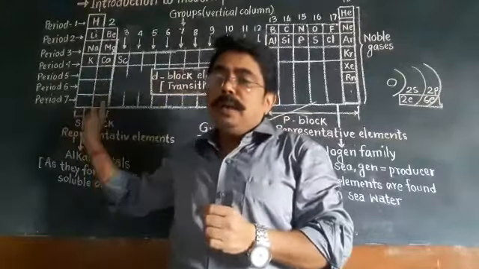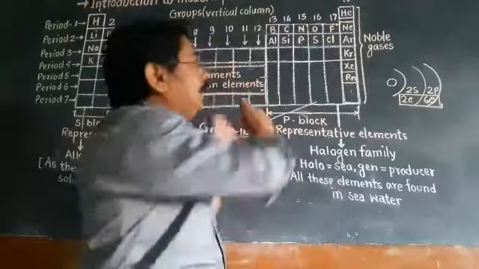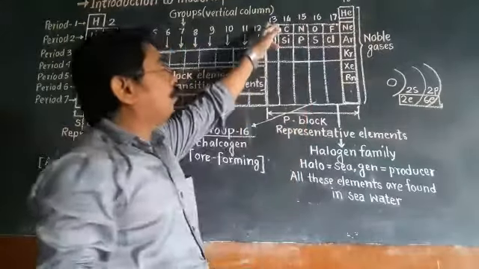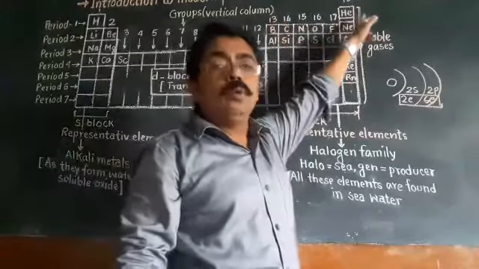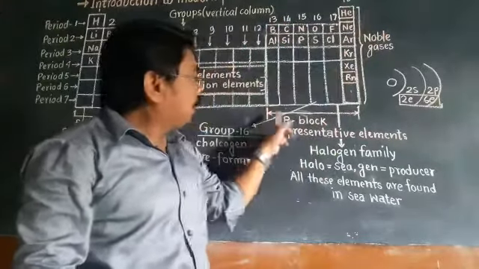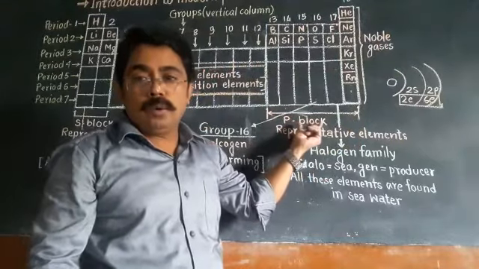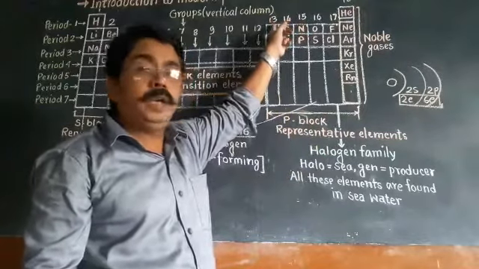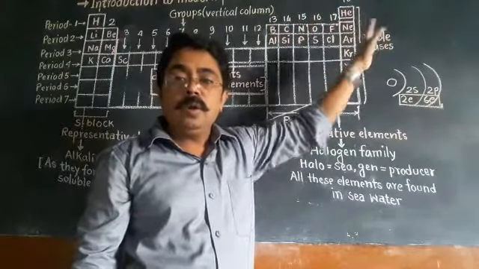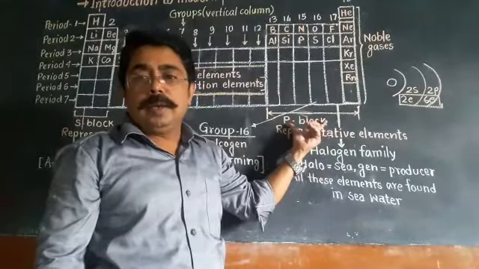And on the extreme right, come to this side, from group 13 to group 18, these elements constitute P block. So P block starts from group 13 to group 18. All these elements are collectively called P block elements.